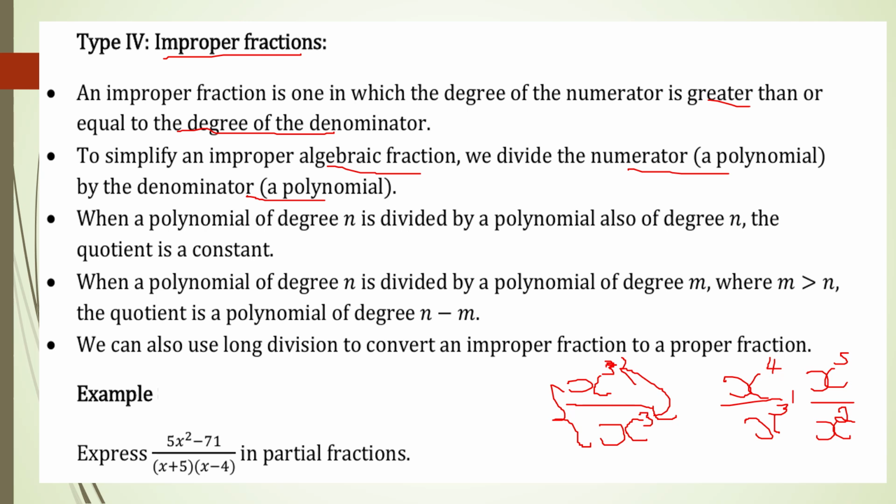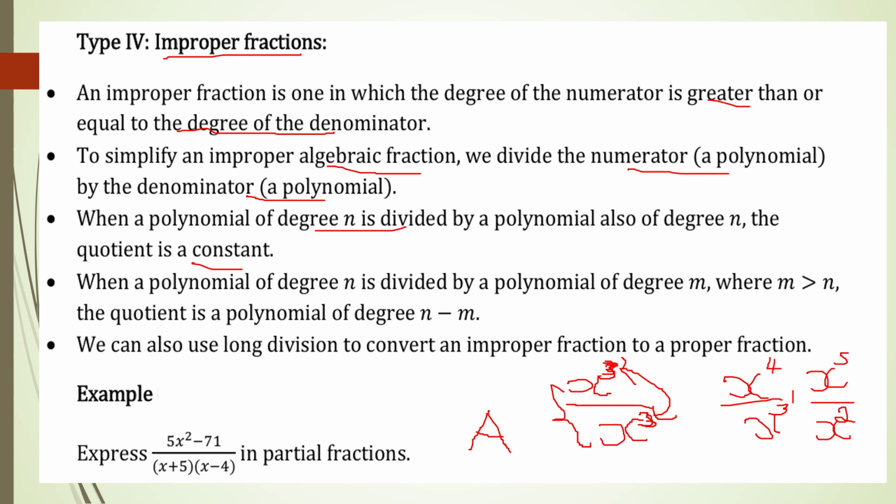Now we are going to look at this in detail. So when a polynomial of degree n is divided, we get a constant. So here, what it simply tells you is that if you're having a case whereby the degree in the numerator is the same as the degree in the denominator, after dividing, you are going to get a constant, which is always going to start your partializing expressions.